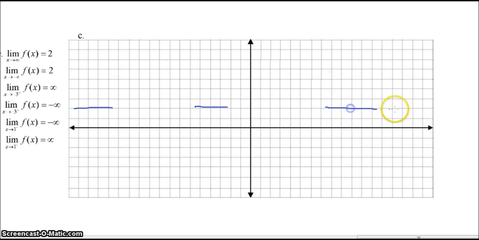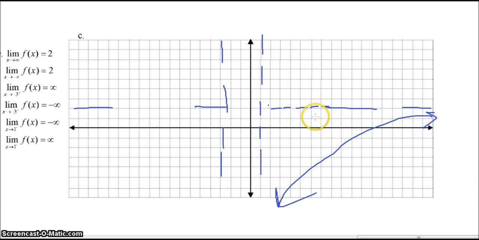Just one horizontal asymptote at 2. At negative 3 we have a vertical asymptote. And at 1 we have a vertical asymptote. Notice as we approach 3 from the right we go to negative infinity, so I know that my graph has to go down like so.